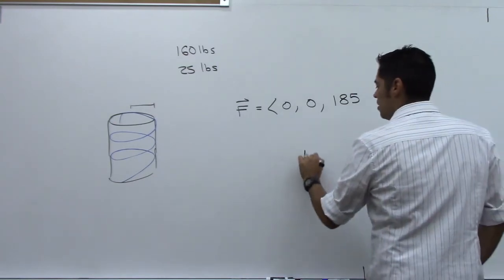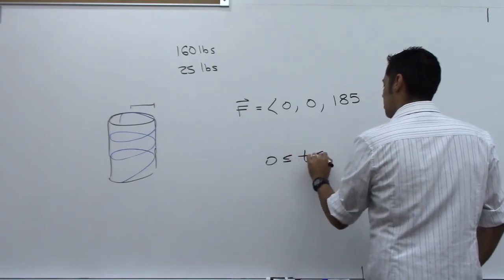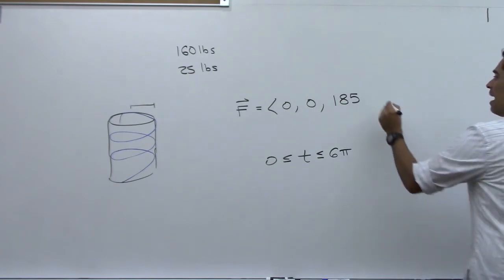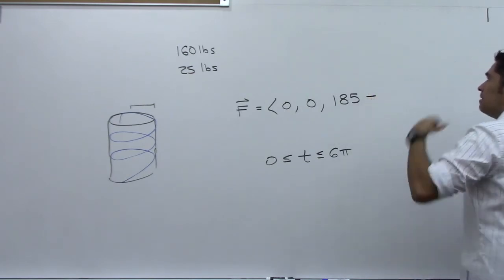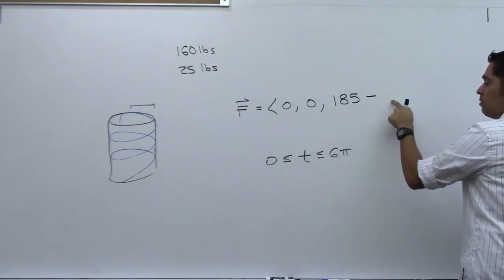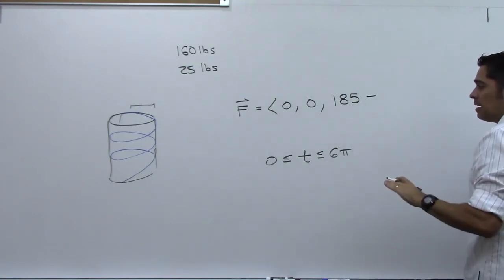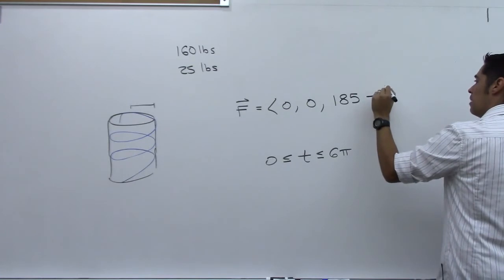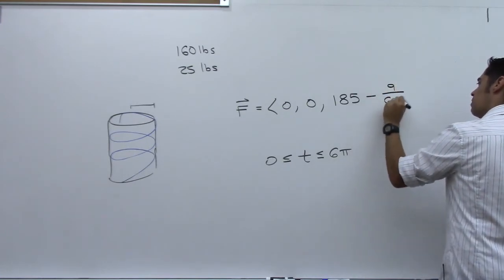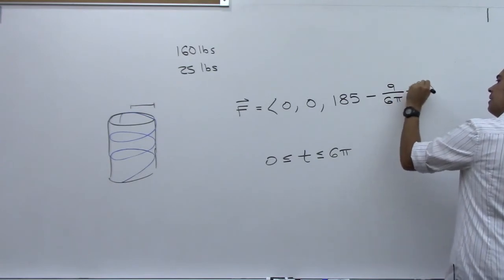Remember that our t varies between 0 and 6 pi. So we need to subtract from this. We need a total of 9 to be taken away, and nothing to be taken away initially. So it's kind of like what we did earlier, except I'm going to go 9 over 6 pi t.